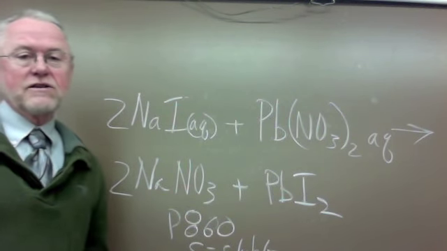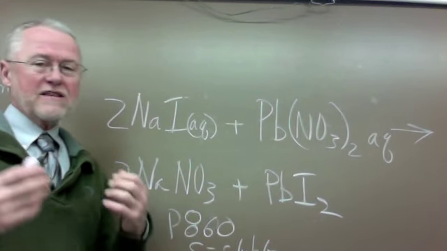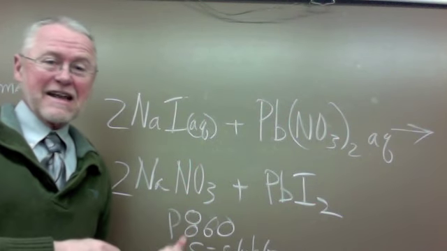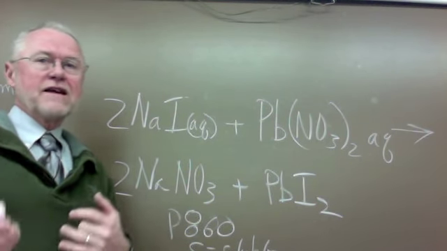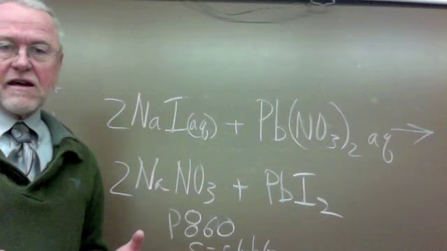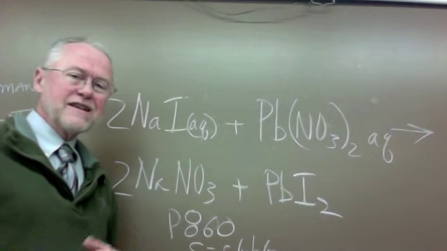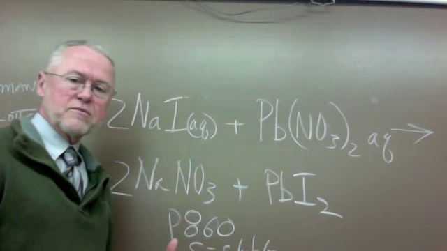And any other mark there means insoluble. So if it has a capital S, it's going to have an aq. If it has anything else there, like A or P or a line, hyphen, that means it's insoluble and it's going to be the precipitate.